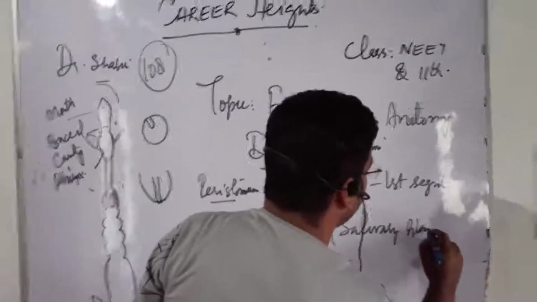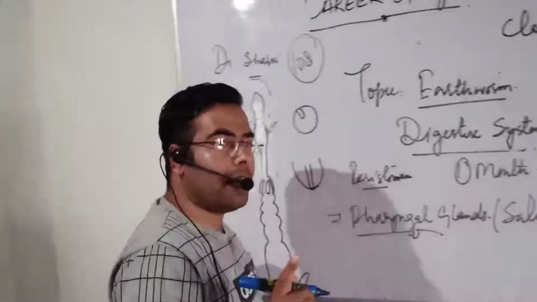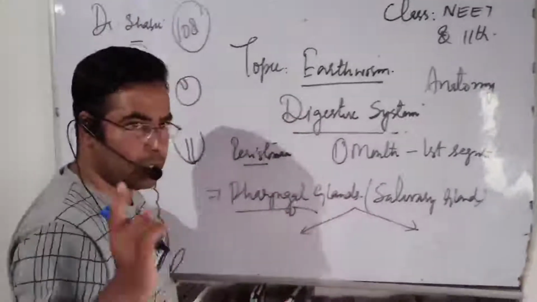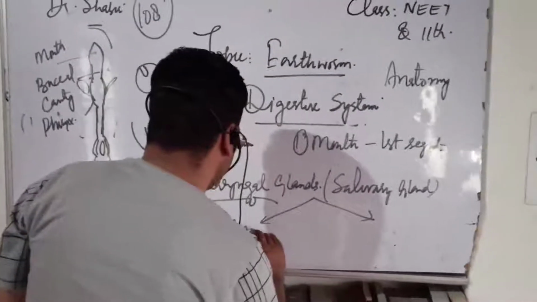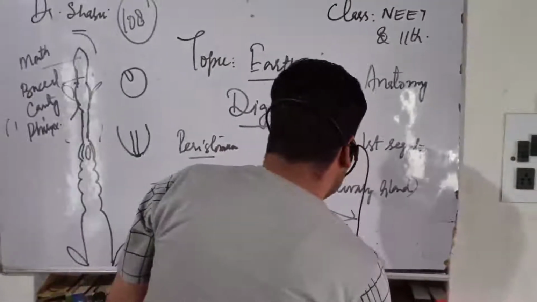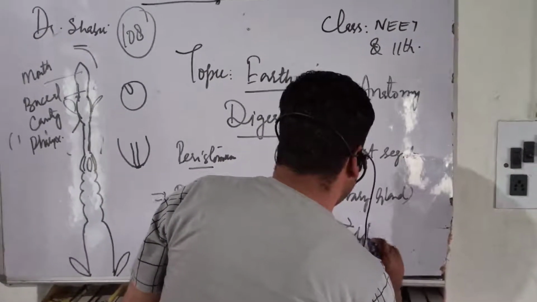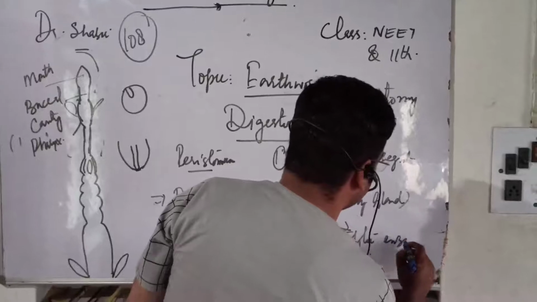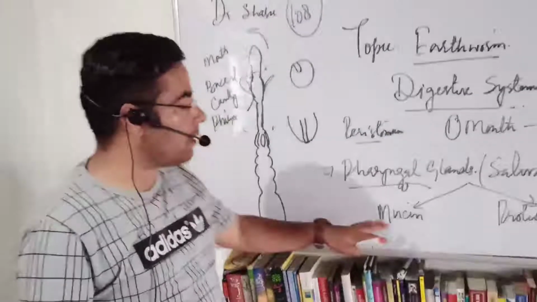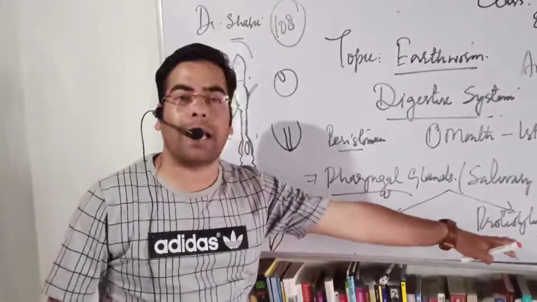Salivary glands of earthworm. So ये जो salivary glands होते हैं they are responsible for secreting two important chemicals. One, they secrete mucin, and दूसरा they secrete proteolytic enzymes. So the pharyngeal glands are responsible for secreting mucin and proteolytic enzyme.